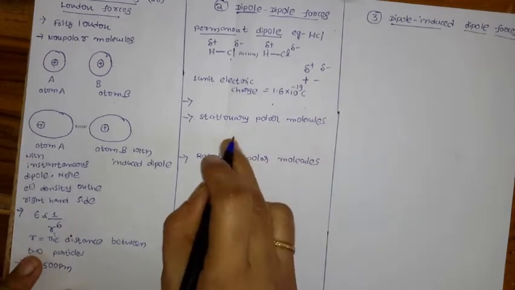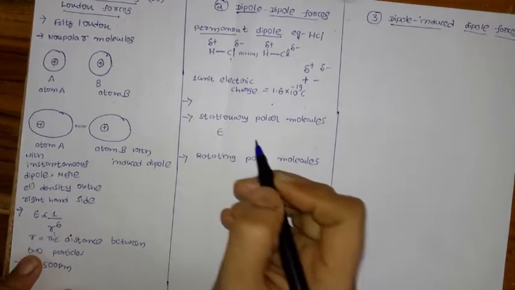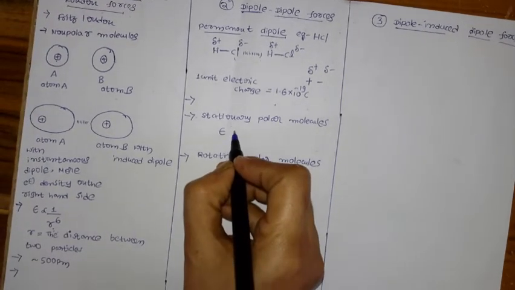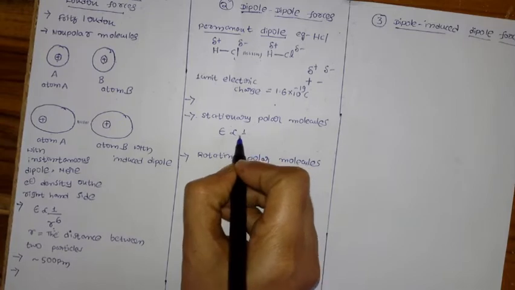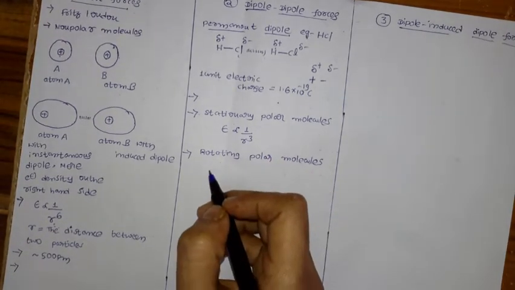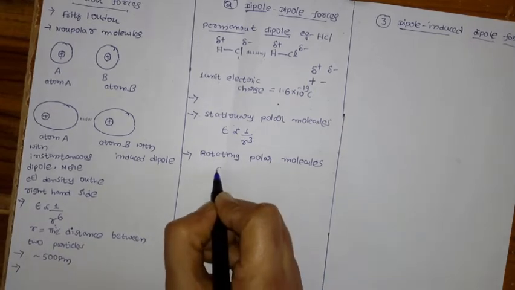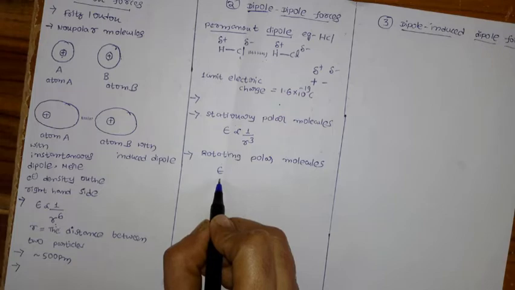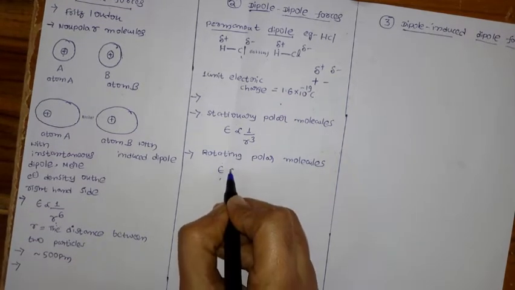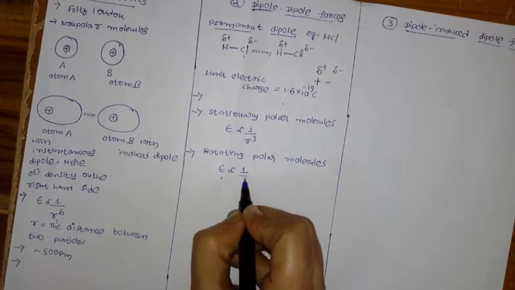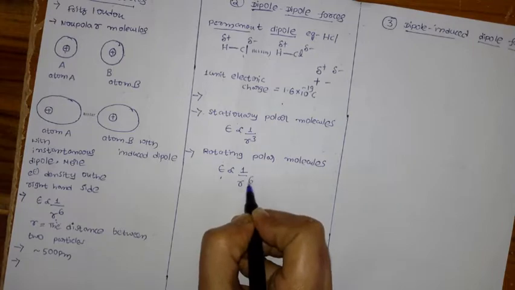Now if you calculate the energy of these stationary polar molecules, it is inversely proportional to r to the power of 3. If the interacting energy is between rotating polar molecules, it is proportional to 1 by r to the power of 6.